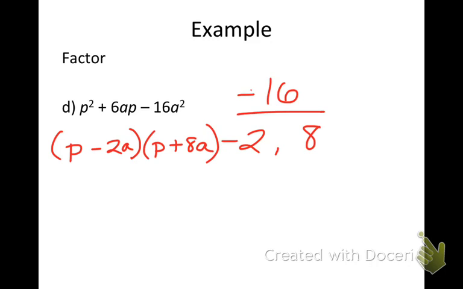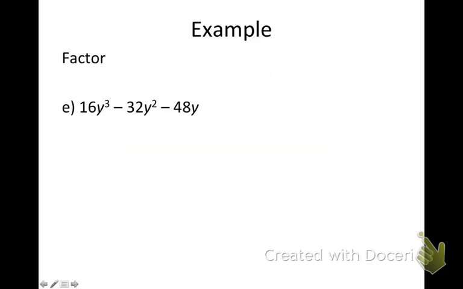Questions with that? All right. So now we've got 16y to the third minus 32y squared minus 48y. Do you have a GCF? What is it? 16 and a y.